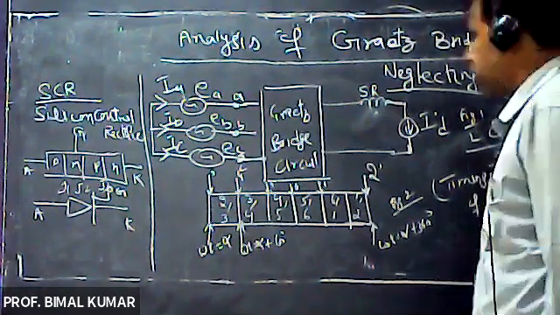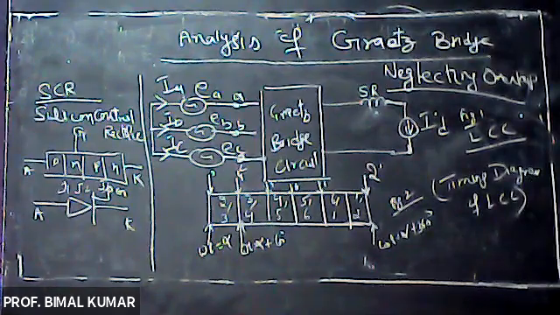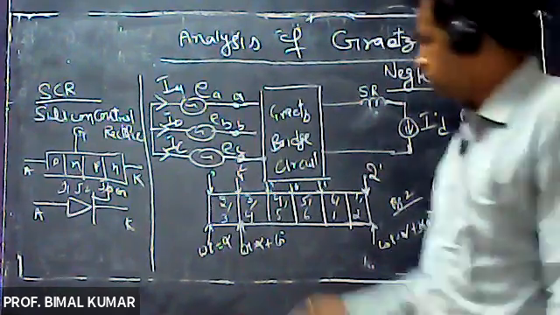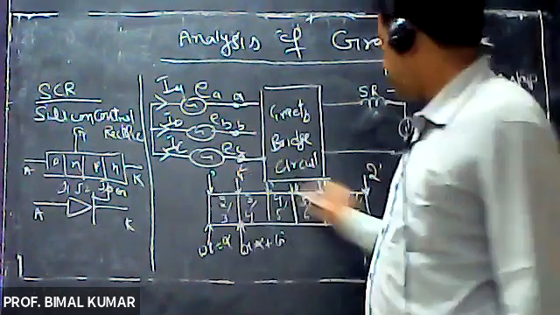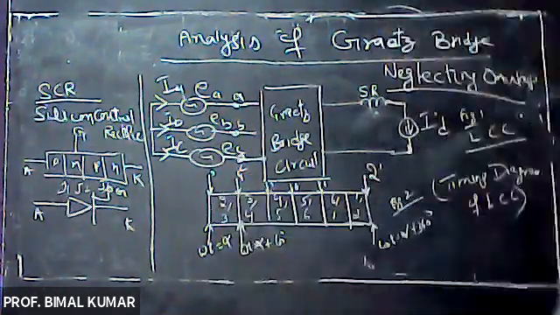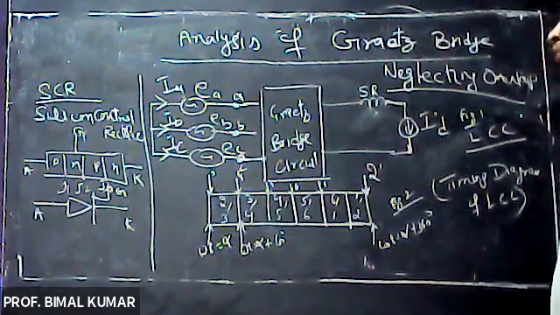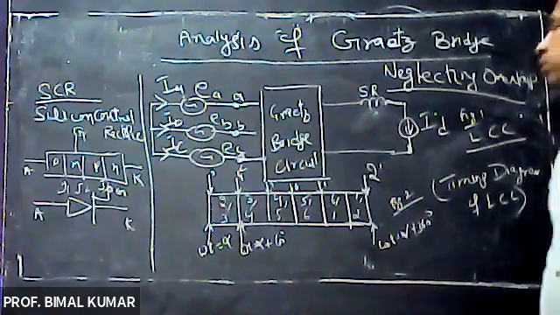Graetz bridge, right? So in this case, you will see we are just dividing the total 360° into 6 intervals.